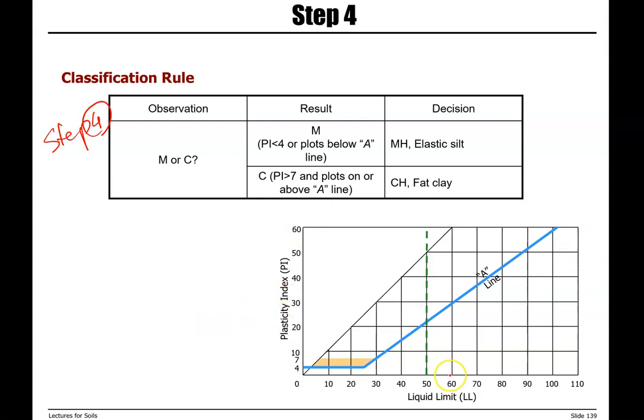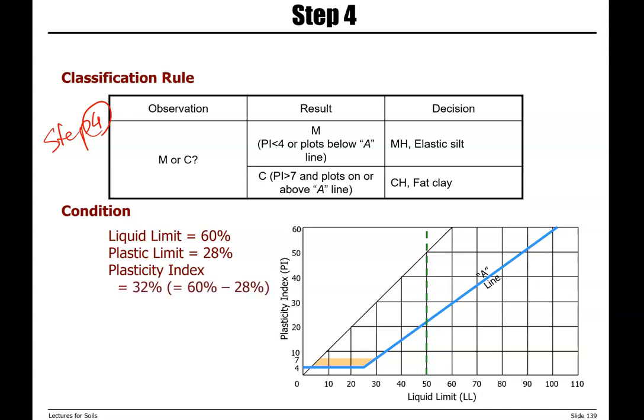So this is our plasticity chart. We have the results from Atterberg limits. Liquid limit of the soil sample was 60%, so that's our liquid limit. We have LL and PL. We can calculate PI as LL minus PL. So our plasticity index is 32. And we can find our point.